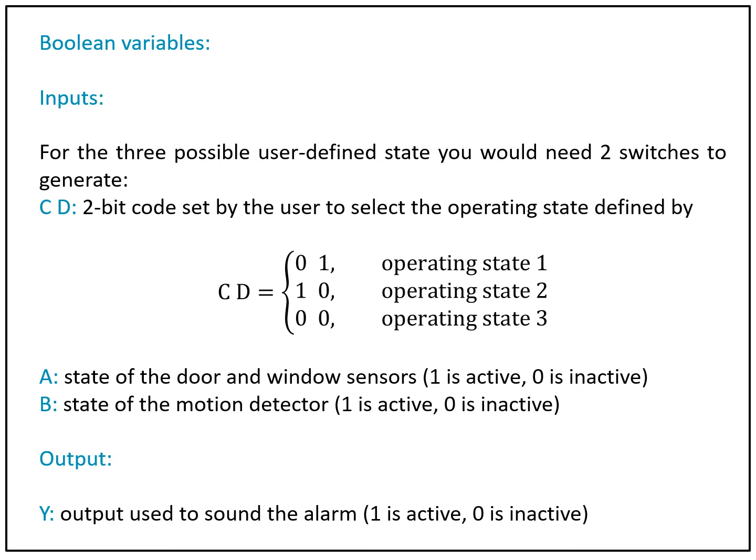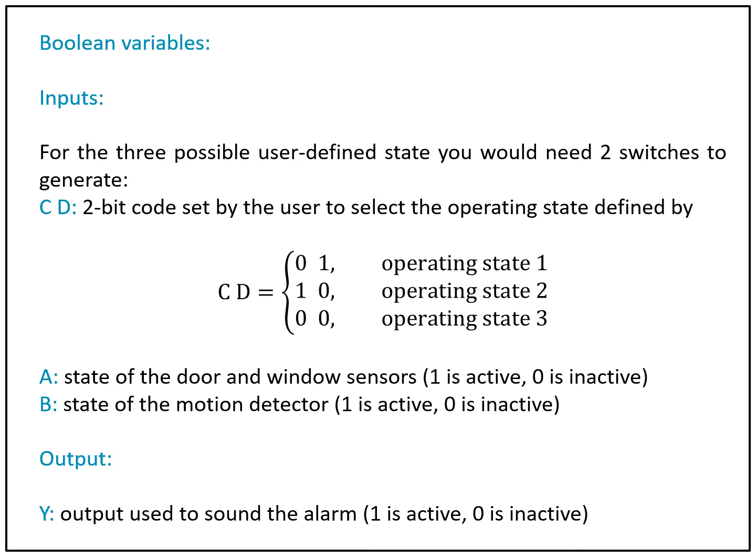So in this case, we would call the variables C and D. So this becomes a 2-bit code. And in case, for example, the first switch is on and the second is off, CD would be 0, 1, and this way the user would be in fact turning on state 1.